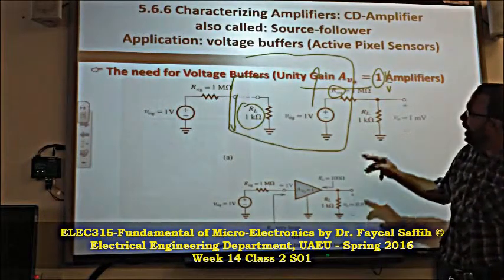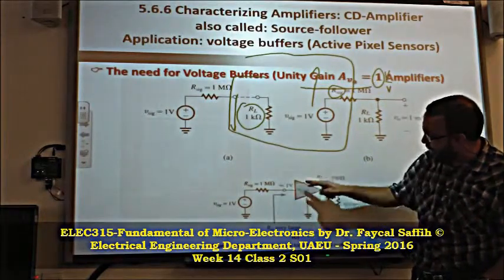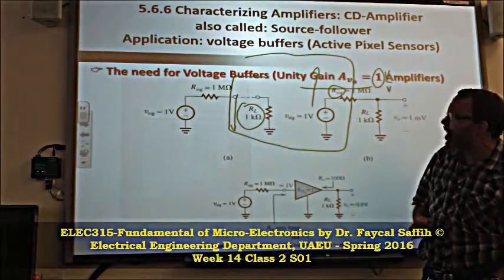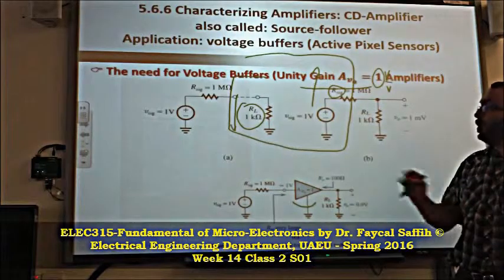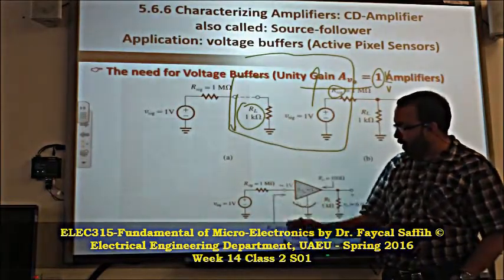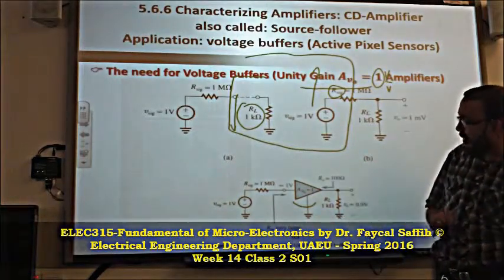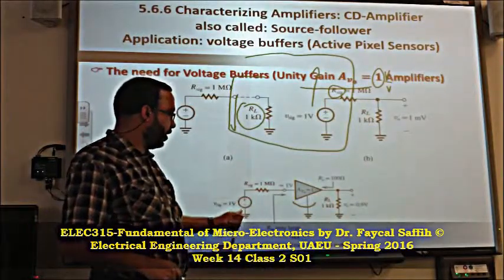And obviously, the overall gain of this, the open circuit voltage gain, is actually equal to 1. So it doesn't amplify, but it does make sure that the voltage at the input will be transferred at the output regardless of the load, okay? And regardless of the input resistance of the signal.